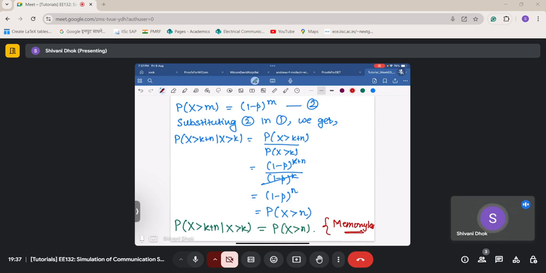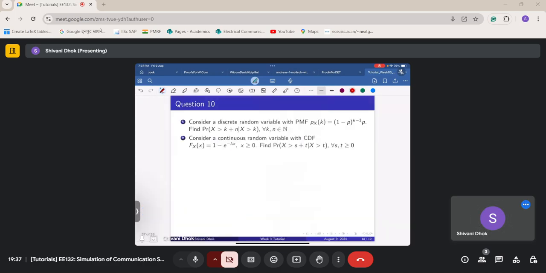Okay, so this geometric random variable shows this particular kind of property, which is an interesting thing to look at.